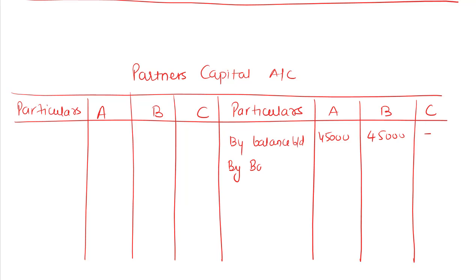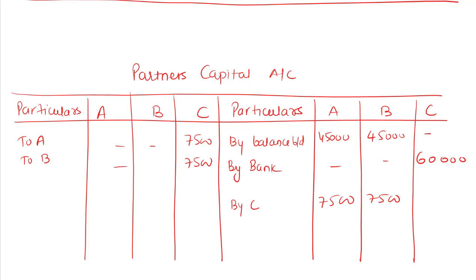C brought in 60,000, so by bank 60,000. By C 7,500, 7,500 for goodwill, to A, to B 7,500, 7,500.